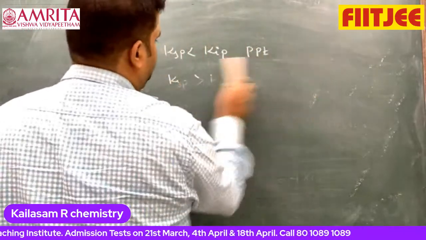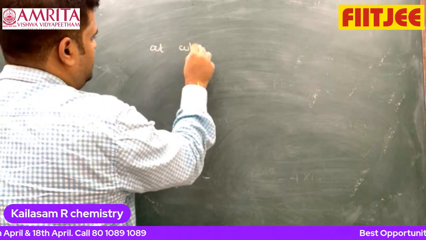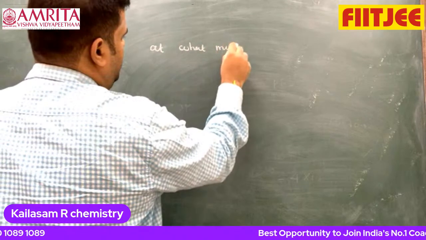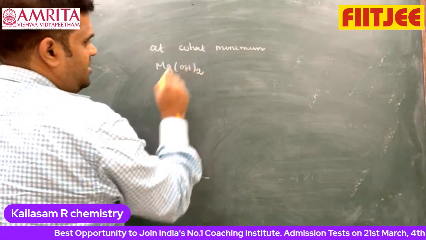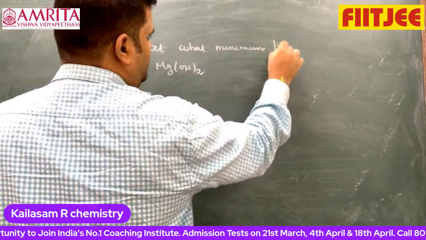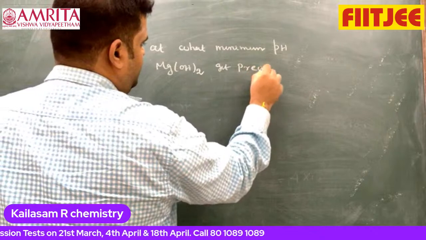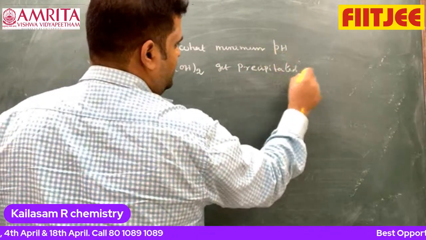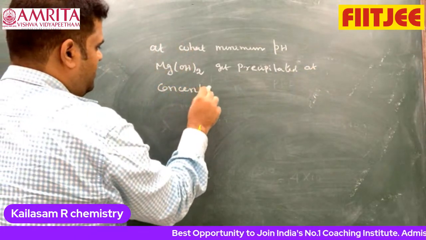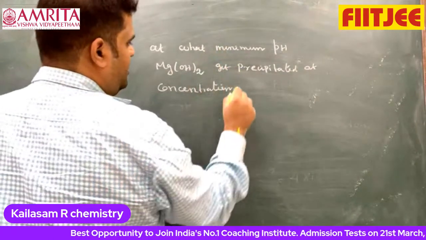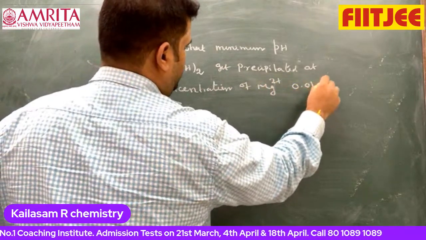Calculate at what minimum pH Mg(OH)2, the magnesium hydroxide, gets precipitated at a concentration of Mg2+ of 0.01 molar.